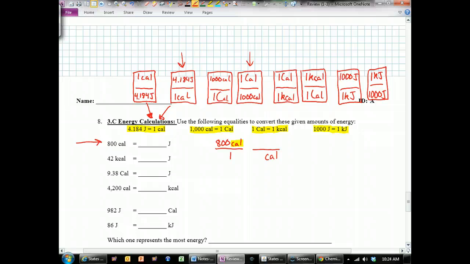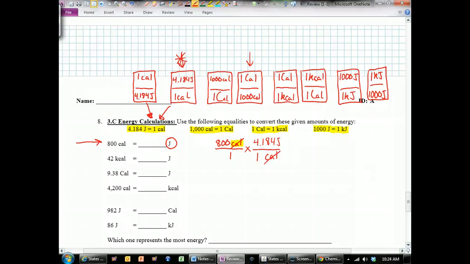And we have to check to see what unit we're trying to get to. In this problem, we're trying to get to joules. So we're going to end up using the one that has joules on top. That ratio, we have to write exactly as it is shown up there. Those are the only 8 cards we can use. So we write 4.184 joules on top to 1 calorie. When we do that, calories is on top and bottom. They cancel out.